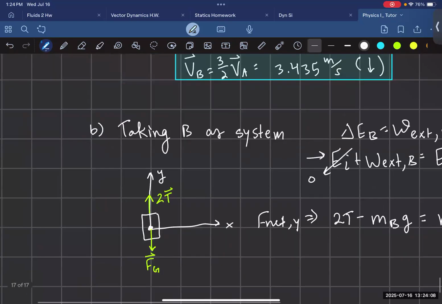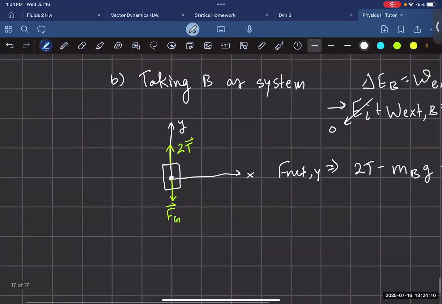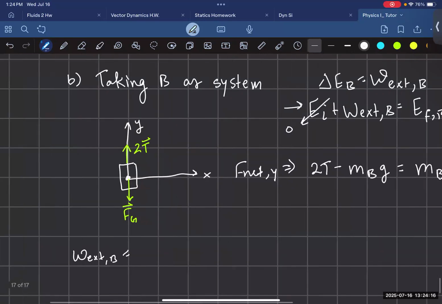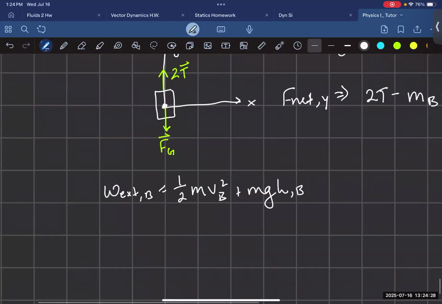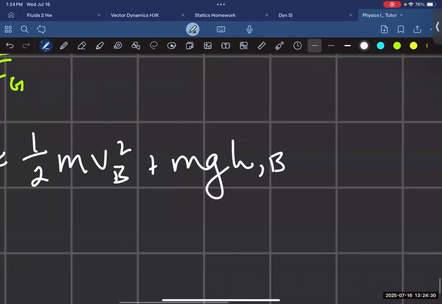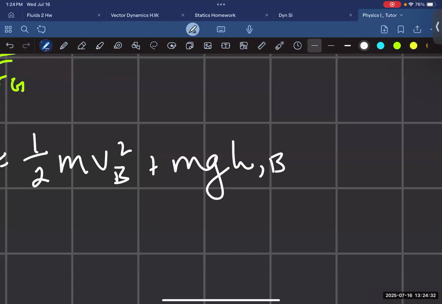So what we get is work external on B is equal to energy final, which is 1/2 m vB squared plus m g hB final. Similar to previously, hB final is going to be negative delta, right?